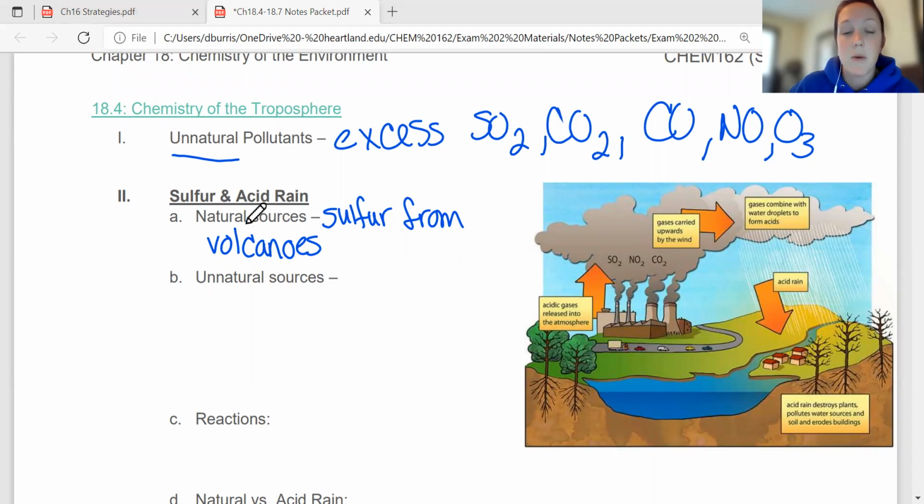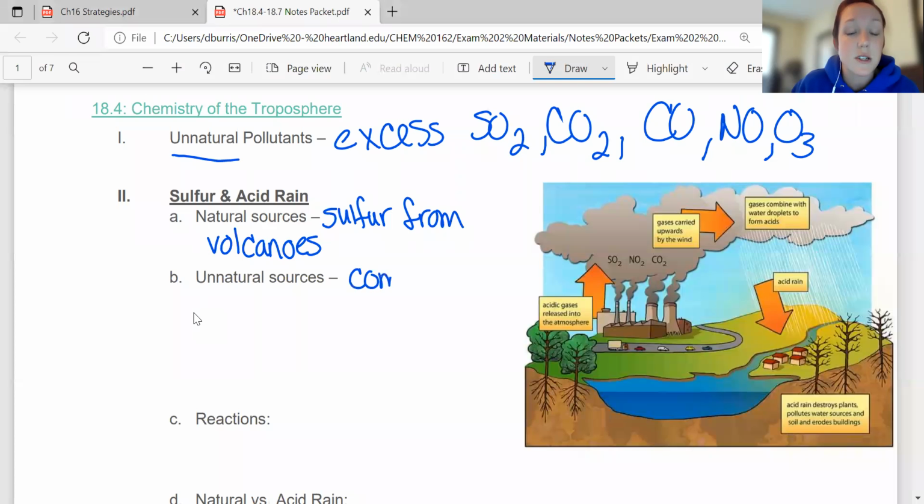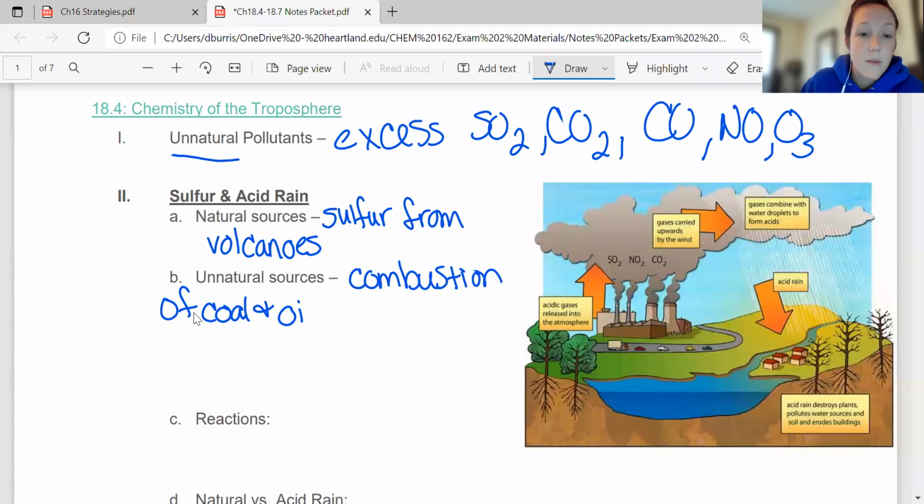So the main natural source of sulfur is volcanoes. We shouldn't have a ton in the atmosphere, but we combust just about everything we can find, and that also releases sulfur.